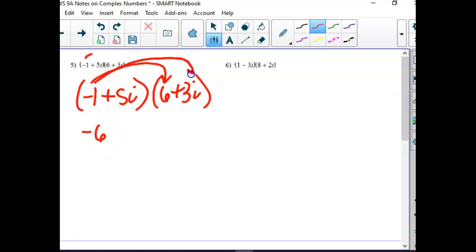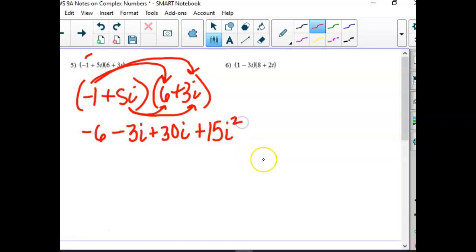Then negative 1 times 3i is a negative 3i. Is everybody okay with what I'm doing here? Just distributing to the parentheses. So 5i times 6 is a plus 30i. And 5i times 3i, be careful, what would that be? It's going to be a plus 15i squared.